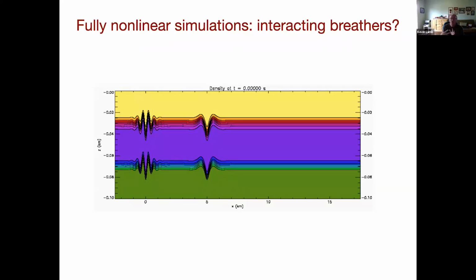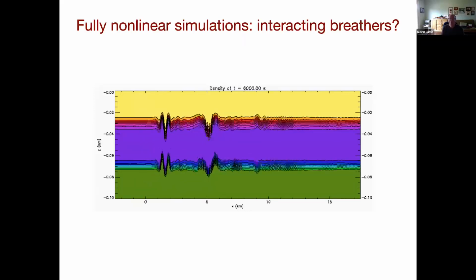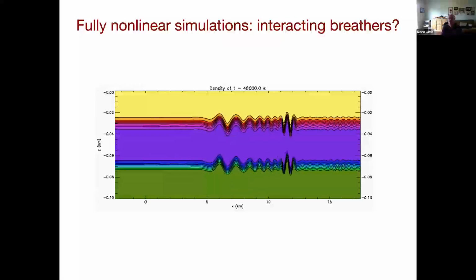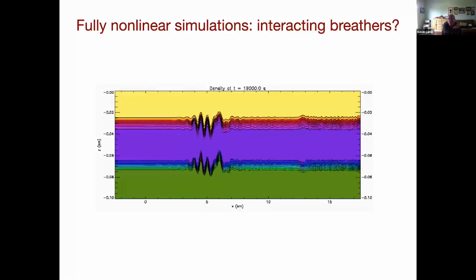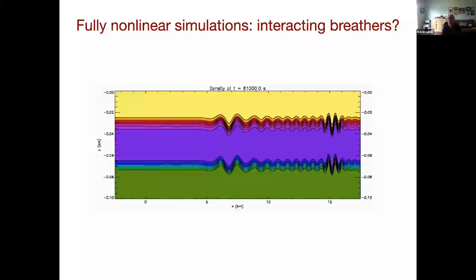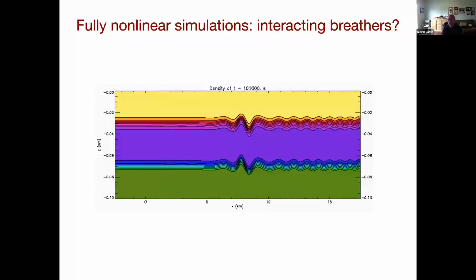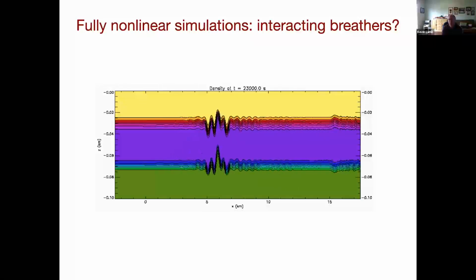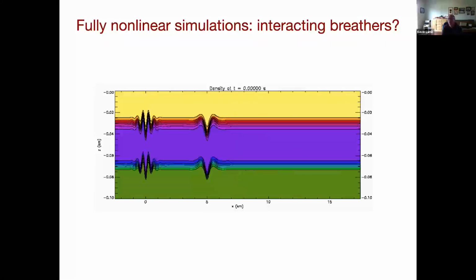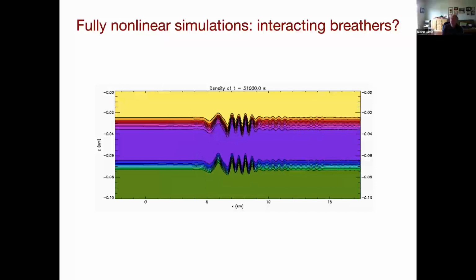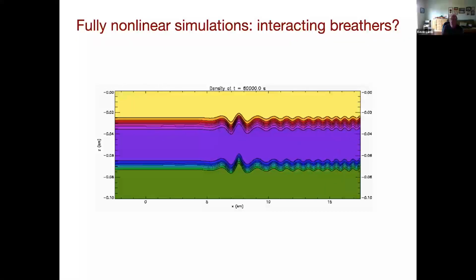My breathers are propagating to the left, so you're going to see lots of waves being swept to the right as they adjust. They do interact and they do seem to reemerge, although not with their original amplitudes. So breathers, or almost breathers at least, seem to exist in the full nonlinear equations.